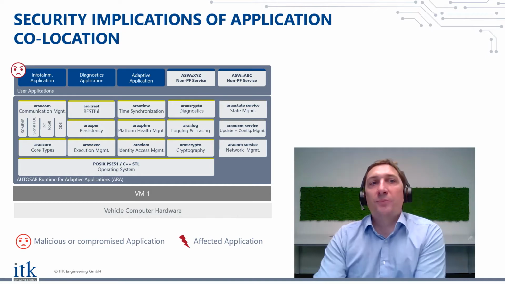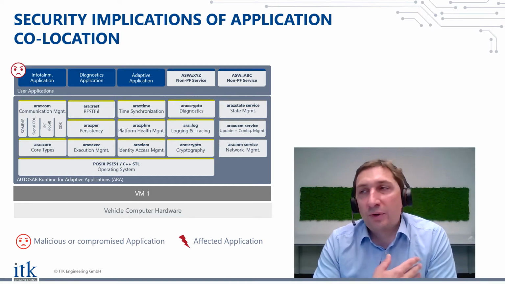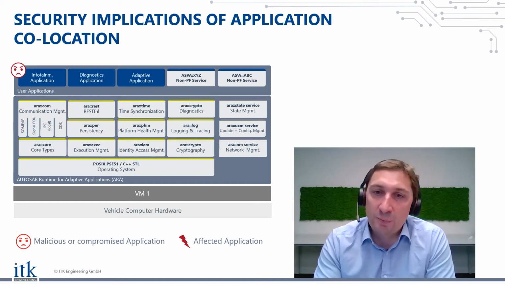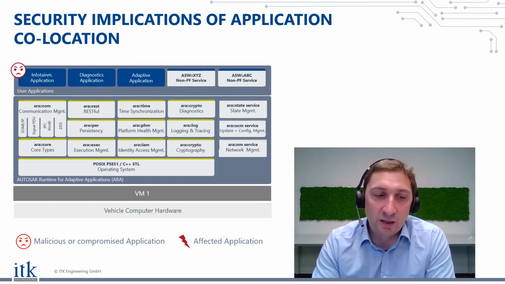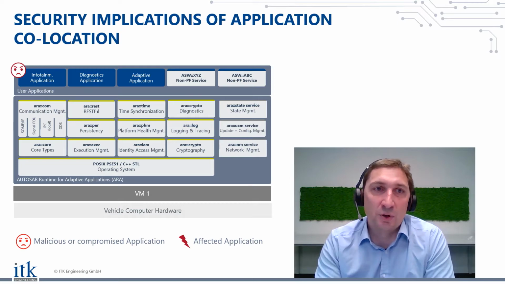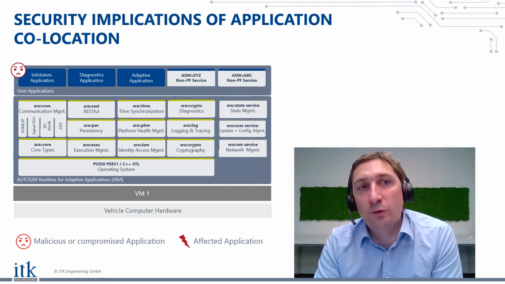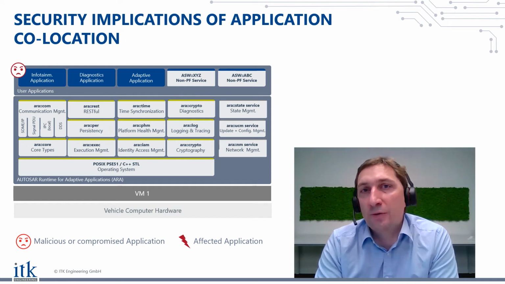Let's assume you have, for example, an infotainment application with very heavy multimedia parsing code, which makes those applications a little more error-prone than applications really designed with security in mind, like a diagnostics application or safety-critical applications. We assume that an attacker takes control over this infotainment application by buffer overflows, for example.